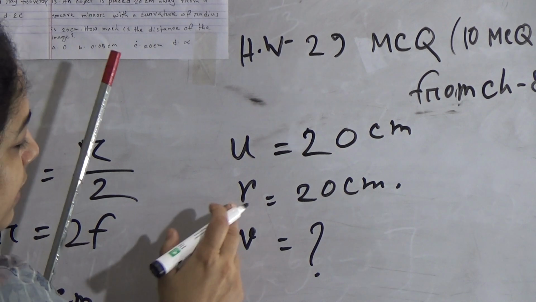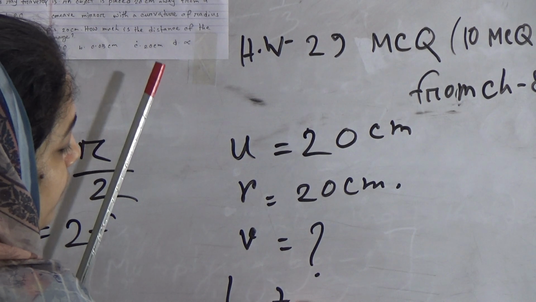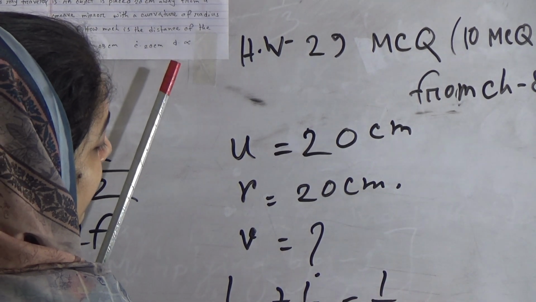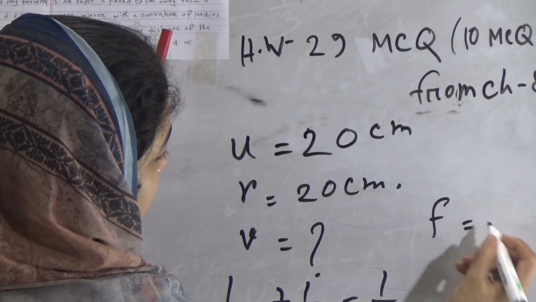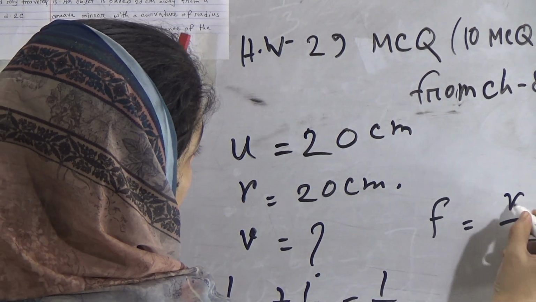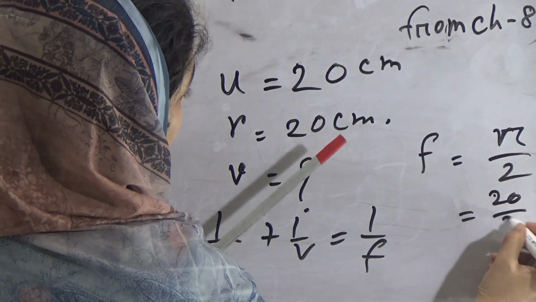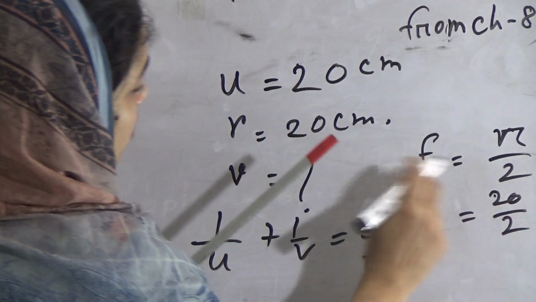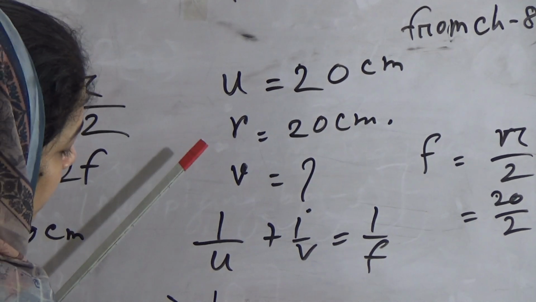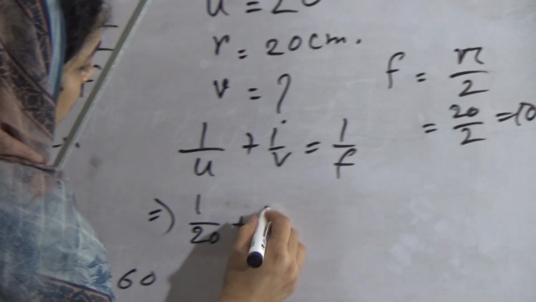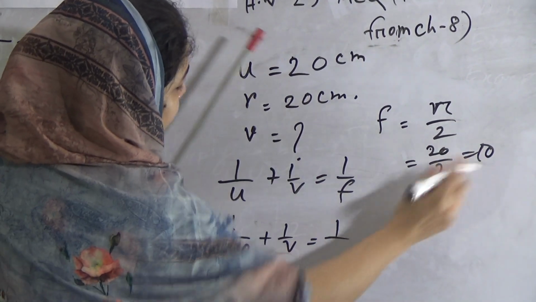We know the formula is 1 by u plus 1 by v equals 1 by f. So we have to find f also. To find f, we will use the formula f equals r divided by 2. Here r is 20, divided by 2 equals 10. So f is 10. Now put the values: 1 divided by u, that means 20, plus 1 divided by v equals 1 divided by f. Here f is 10.